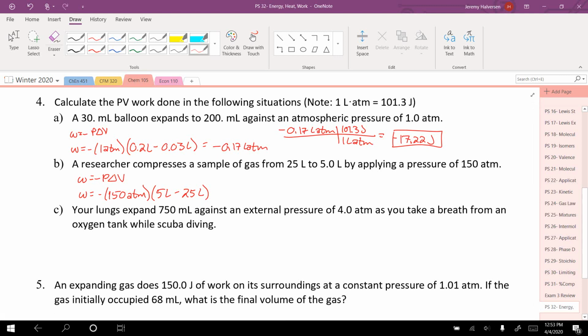Okay, and that gets me a value of 3,000 liter atmospheres, which I can convert, 1 liter atmosphere, 101.3 joules, which gives me a value of 303,900 joules.